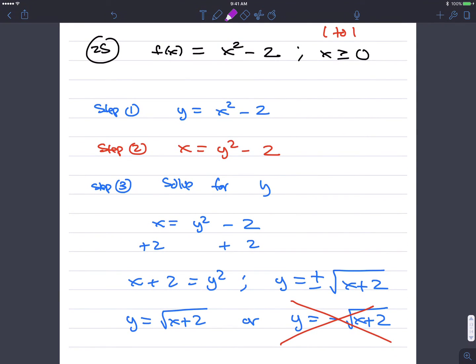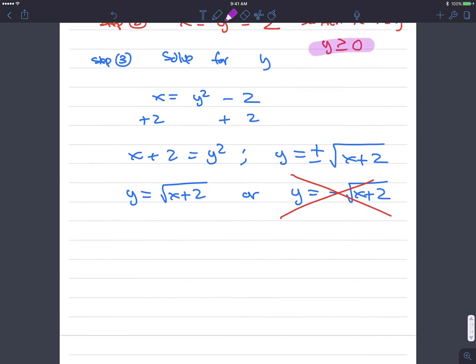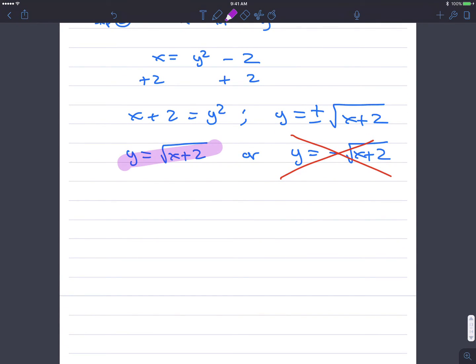Go back here. x is positive. What did you do over here? Switched the x and y, which means now y is what? Positive. Is that right? This one's the positive answer.